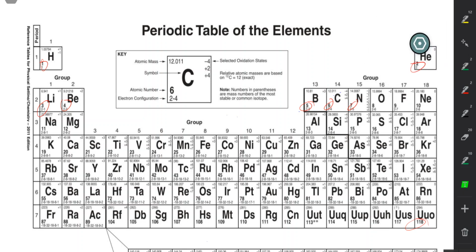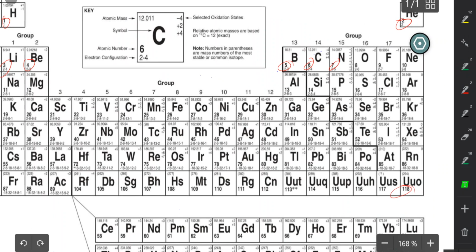Okay, now, the types of elements on the periodic table. It's very important to point out the staircase here. Above and below the staircase, except aluminum and polonium, above and below, above and below.